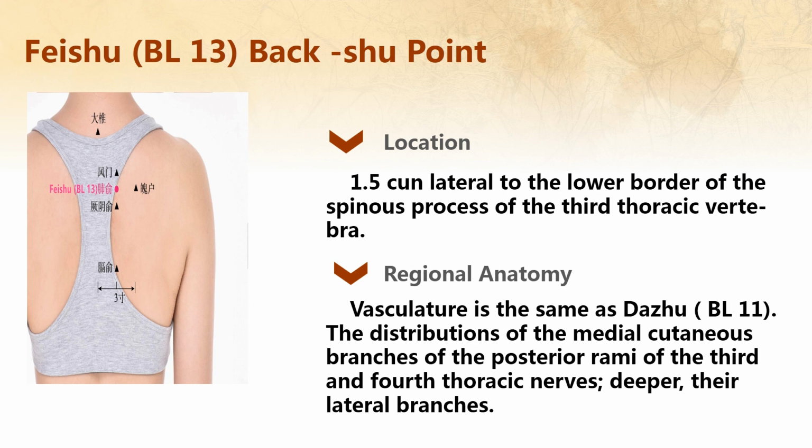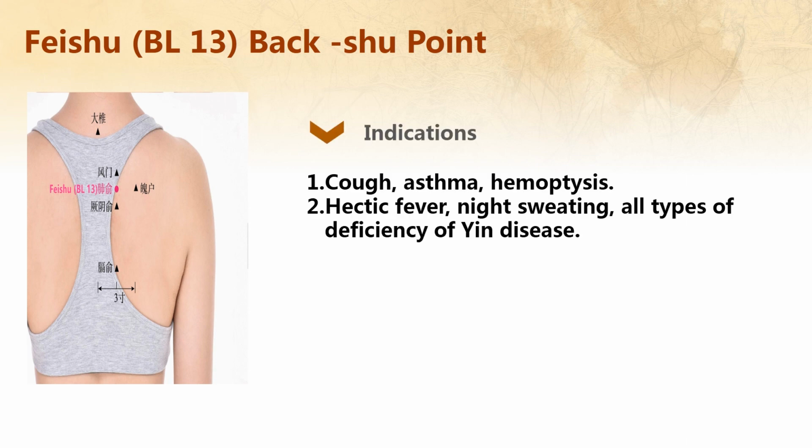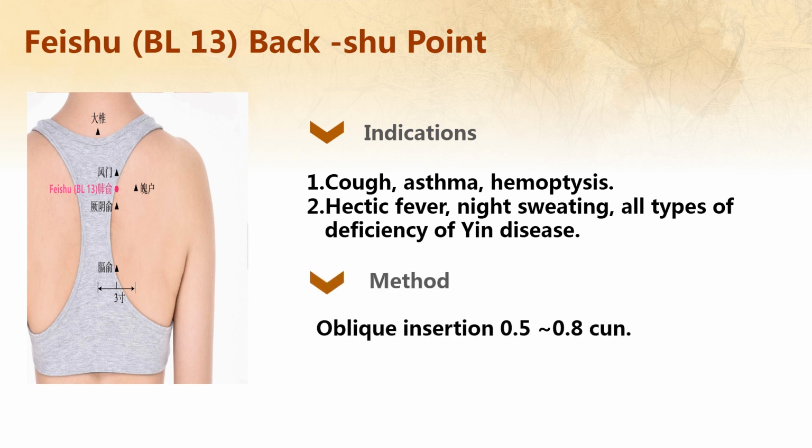The distribution of the medial cutaneous branch of the posterior rami of the third and fourth thoracic nerves. Deeper, their lateral branch. The acupoint can cure cough, asthma, hemoptysis, hectic fever, night sweating, all types of deficiency of yin disease. The operation method is oblique insertion 0.5 to 0.8 cun.